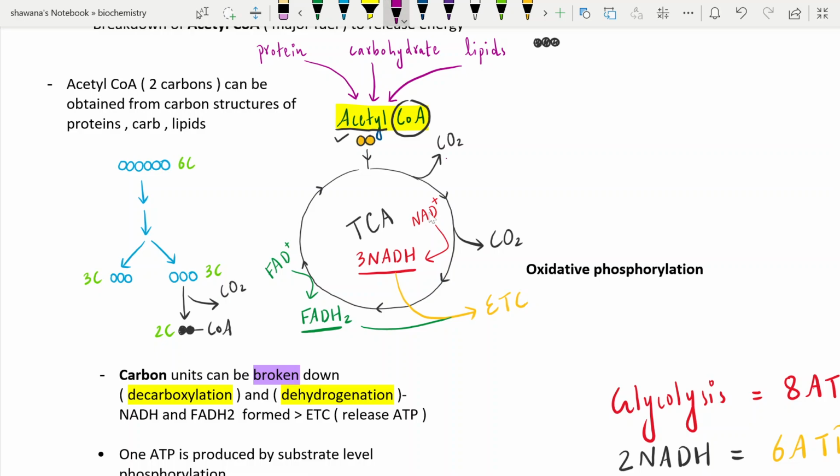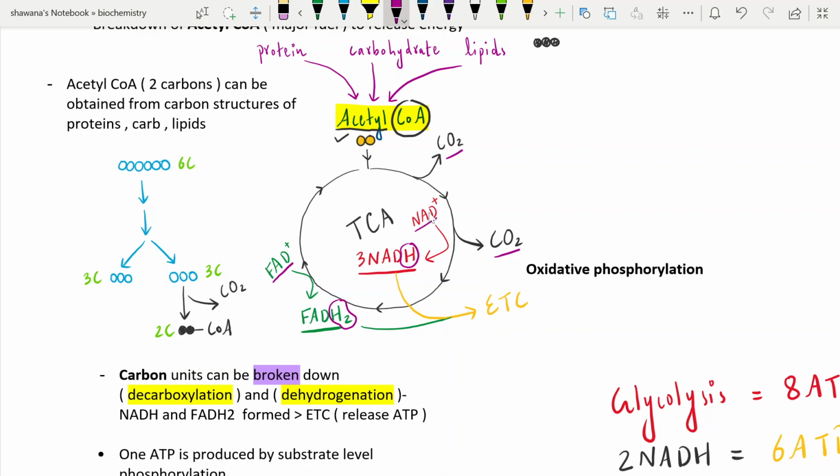Also, this reaction involves dehydrogenation. It means that we are removing hydrogen as well, and that hydrogen is used to convert NAD positive to NADH, and FAD positive to FADH2.